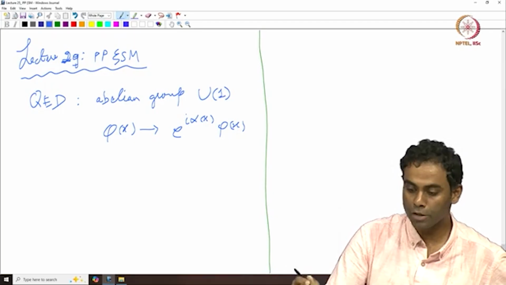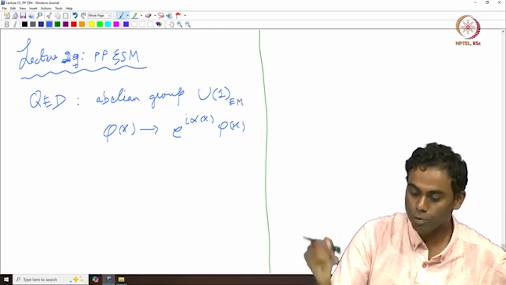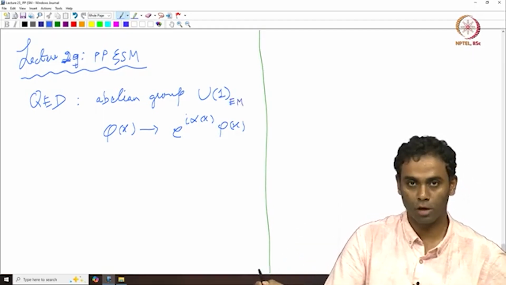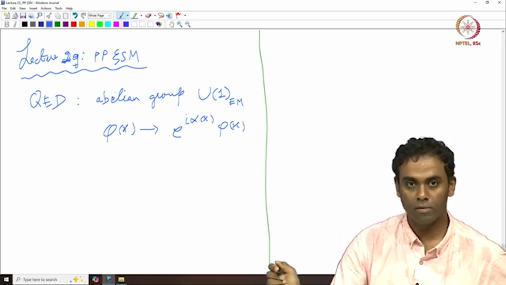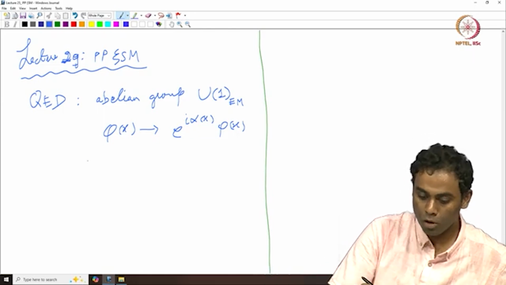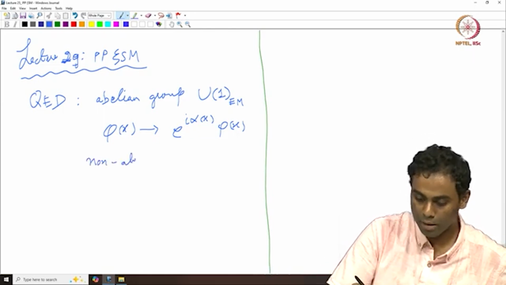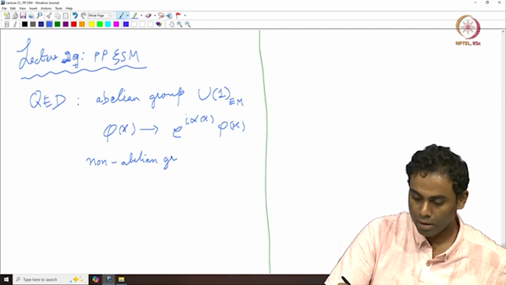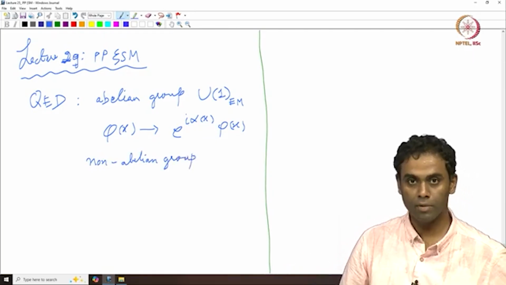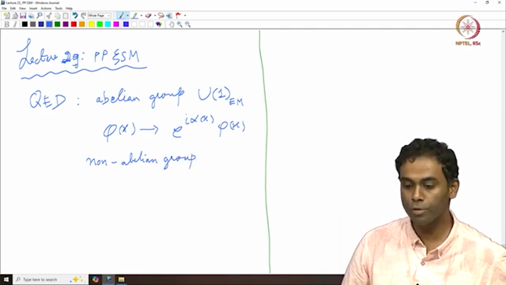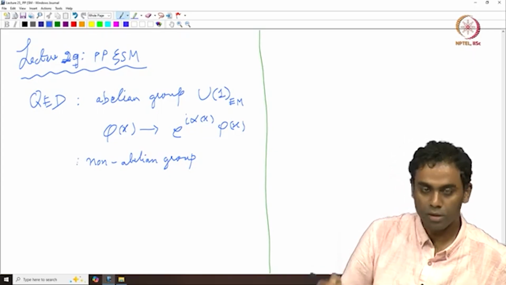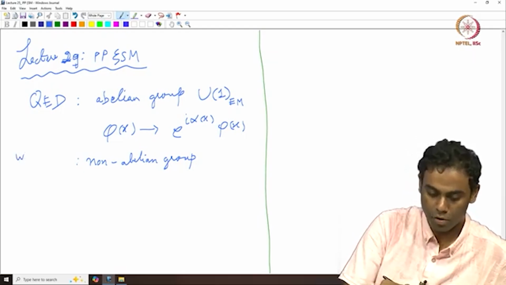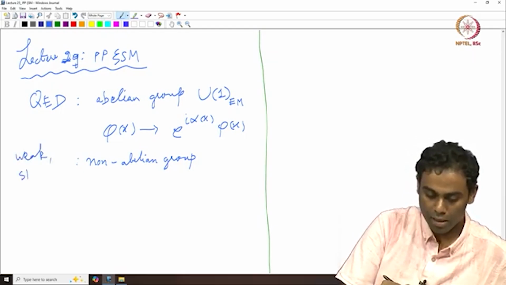To distinguish this U1 from other U1s, I like to put the subscript EM, just to avoid all confusions. But of course we saw when we introduced group theory that there are also non-abelian groups, right. So it's natural to wonder whether there are field theories that describe interactions in nature that also make use of non-abelian group gauge invariances. And it turns out that is indeed the case for the weak interactions and the strong interactions.